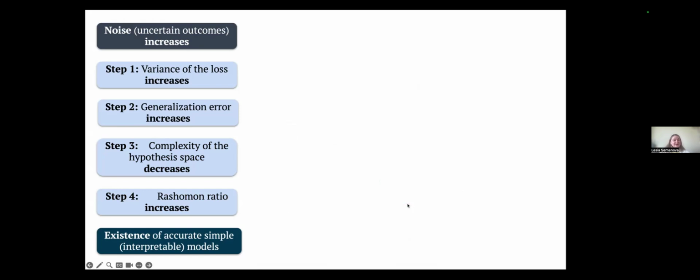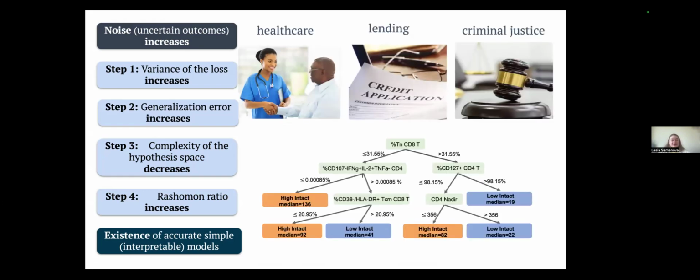Great. So we start with this uncertainty of the outcomes with respect to the inputs, and we end up with the existence of simple yet accurate models and an increase in the Rashomon ratio. And I would like to reinforce that it especially works for high-stakes decision domains that typically correspond to noisy data generation processes. And in these domains, we can find these more specific sparse interpretable models.